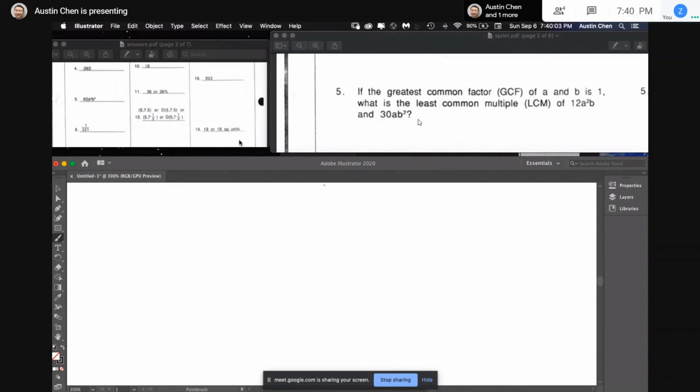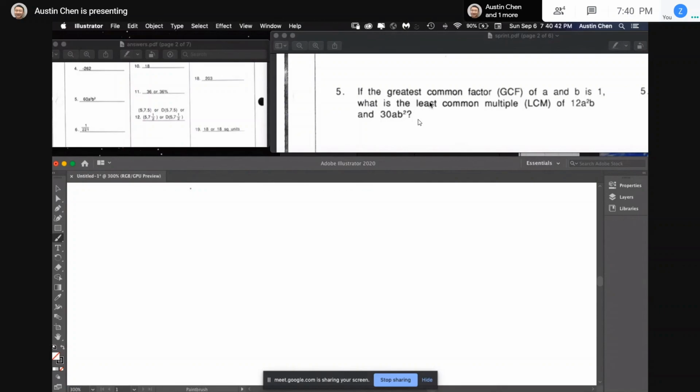If it says that the greatest common factor of A and B is 1, you can assume values of A and B where they're relatively prime to each other.